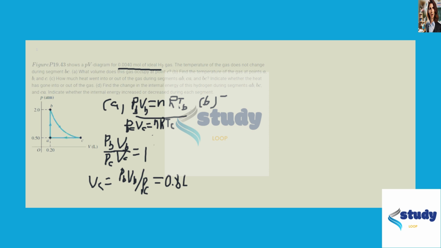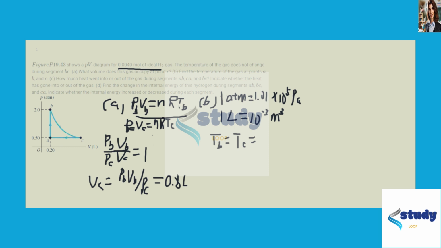But also remember to convert to standard units. 1 atmosphere equals 1.01 times 10 to the 5th Pascal, and 1 liter is 10 to the negative 3 meters cubed. Plug the numbers into the state equation, and you can solve for TB, which equals TC because these two temperatures are the same.